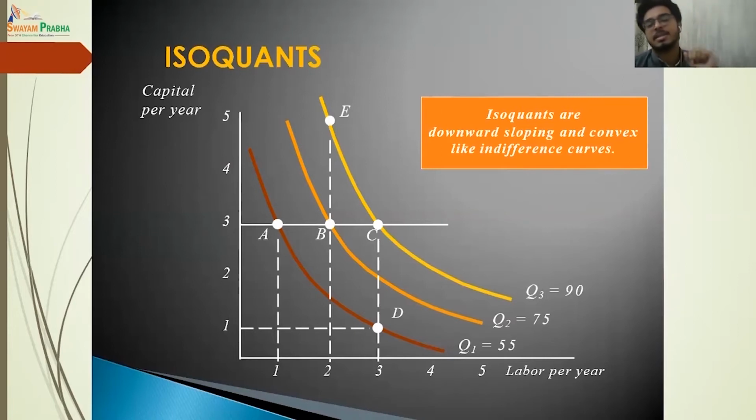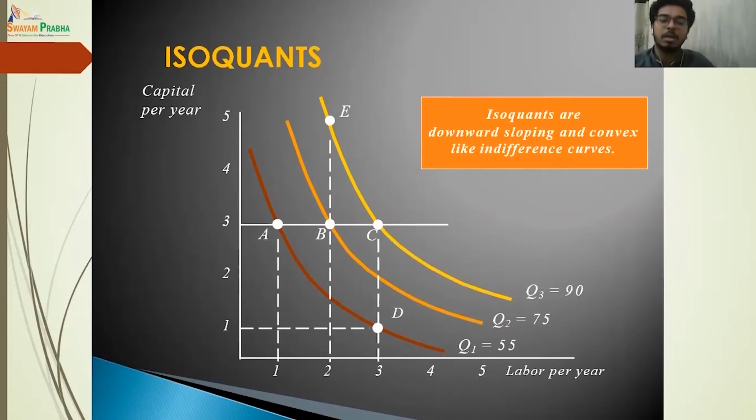Yes, so the same thing we observe when we are discussing an increase in the labor force further, keeping the capital same at 3. And we have observed now my output with 1 additional input increases from 55 to 75. That means my output has increased by 20 units.